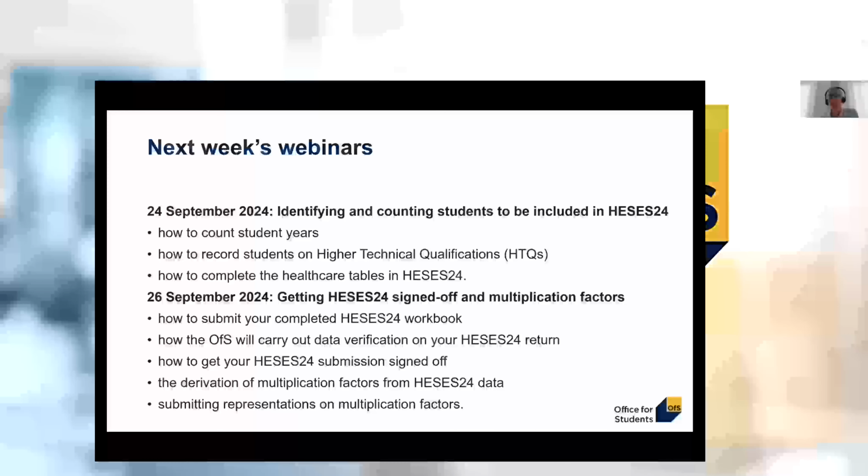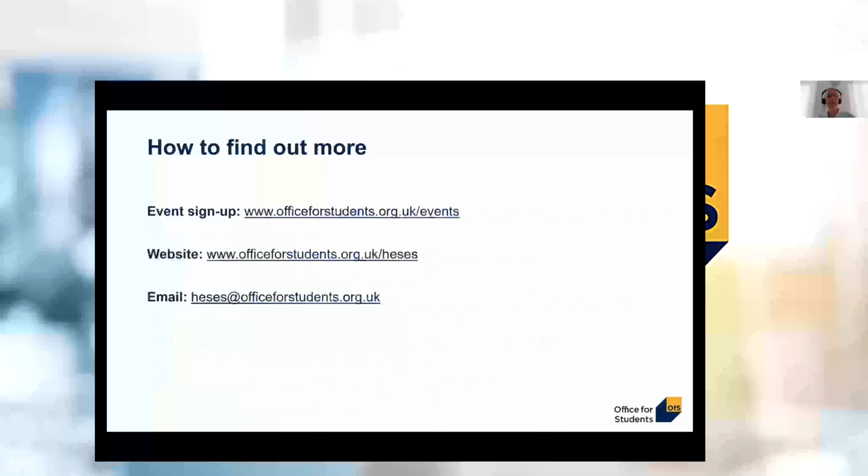And a couple of days later, we are going to discuss how to submit your workbook, what we do in terms of the data verification process, and what that feeds into then is the sign-off process. And then I've been talking about these multiplication factors, so we'll talk a little bit about their derivation, and then, if you want to, how to submit representations on what you have as your multiplication factors. You can still sign up for both of these. You can see the address on the next slide here.